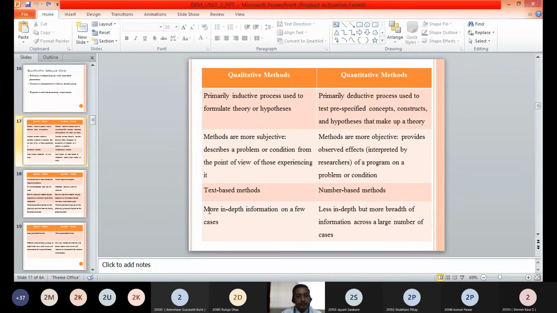One more point of difference is that qualitative methods give more in-depth information on a few cases. We get more detailed information from a small number of respondents, a small number of people. We conduct this type of study and get in-depth information from few cases.